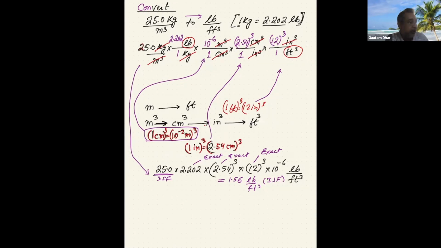So I wrote down the numbers. I exactly know what I need to put in the calculator. I exactly know what my unit is, because that is what is left after I canceled. I see the circle, the pound and the feet, they are not canceling out. That means these are the two units that are going to remain at the end.